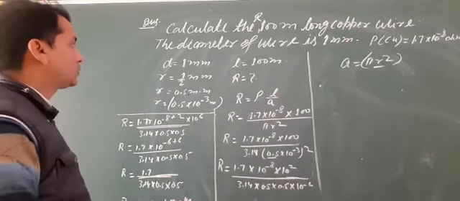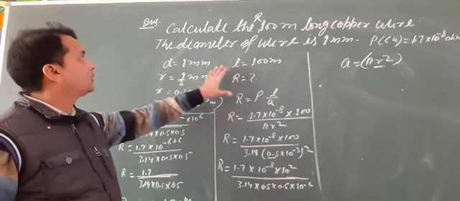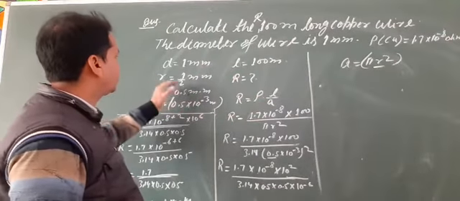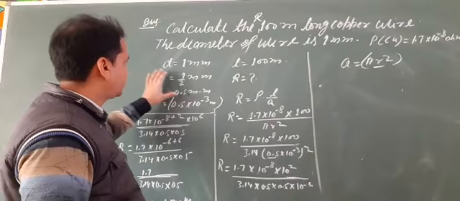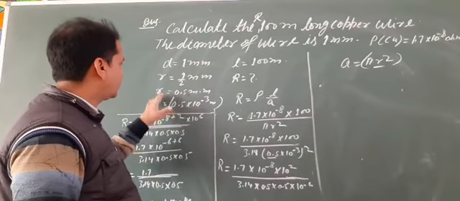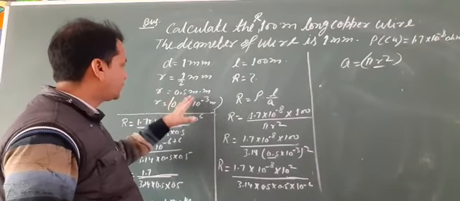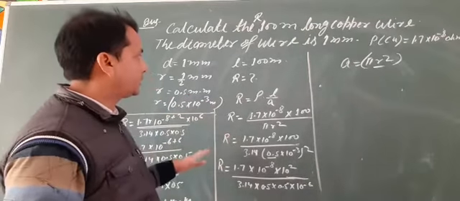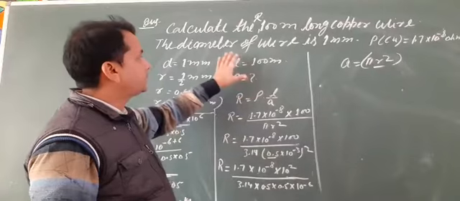So here the diameter of the copper wire is given as 1 millimeter, and the radius of the wire is 1 by 2, and in meter, r equal to 0.5 into 10 to the power minus 3 meter. The length of the wire is given here as 100 meter.